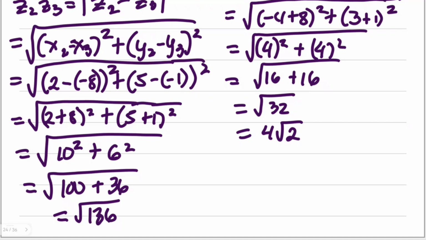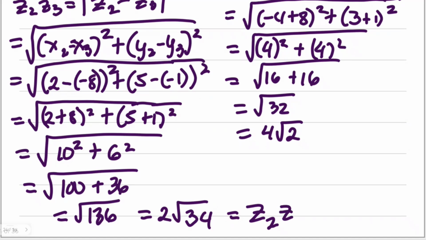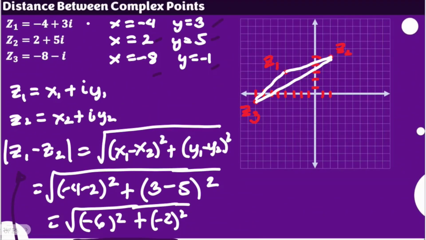I believe it's divisible by 4, so that's 4 times 34, so 2 square root of 34. This is the distance between complex points z sub 2 and z sub 3. So basically, this is how we solve the distance between complex points, with a similar formula to the distance between points in the Cartesian plane.